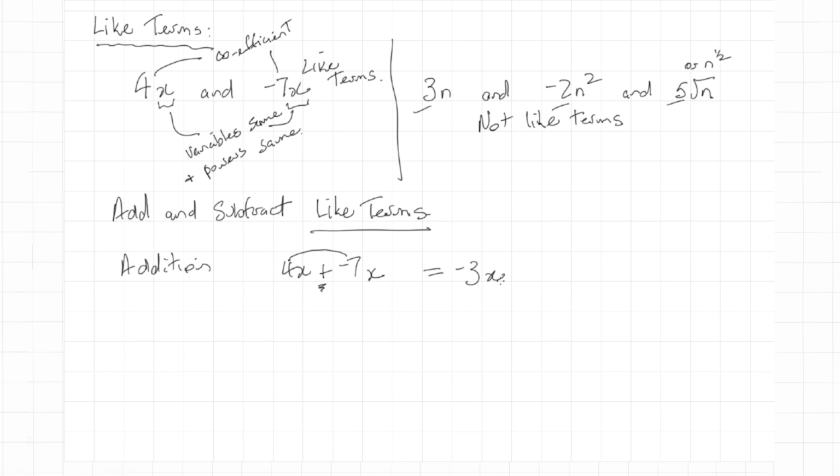That many x's remain. So we've got 4 x's, we add negative 7 x's, then we're left with negative 3 x's. So you do the mathematics just on the coefficients, and then you just put the variable afterwards, as long as we've got like terms.